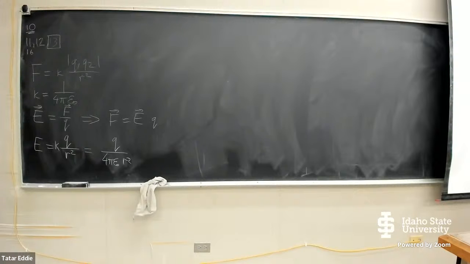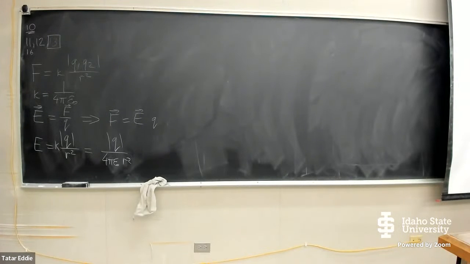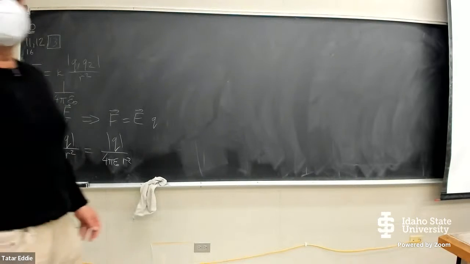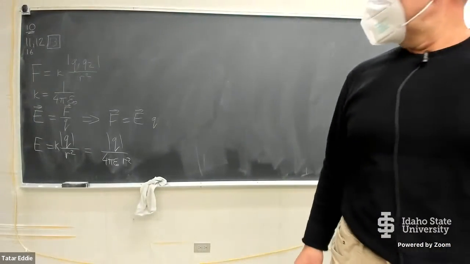It is desirable here to use the absolute value of Q, because this formula gives you the magnitude of the electric field, so negative charges shouldn't bother. You have to get a positive magnitude for the electric field. So what is represented by epsilon naught?